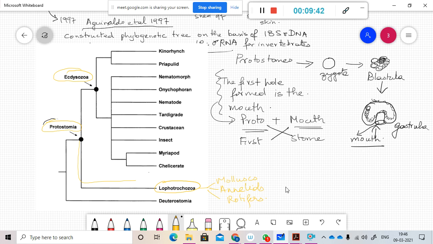And the Ecdysozoa include all these organisms. Among them are the crustaceans, insects, myriapods, chelicerates, tardigrades, nematodes, onychophorans, nematomorphs, priapulids, and the loriciferans.